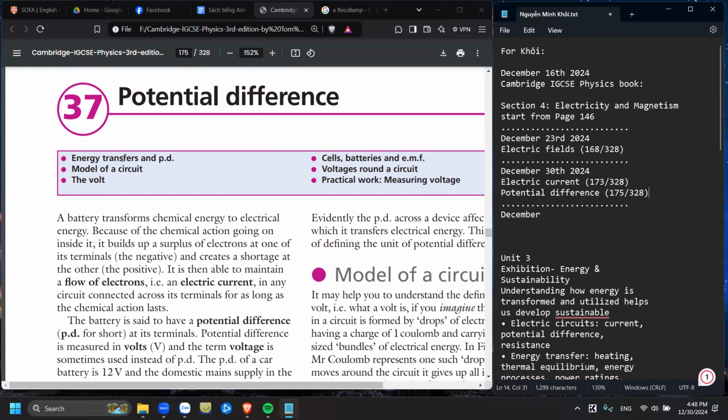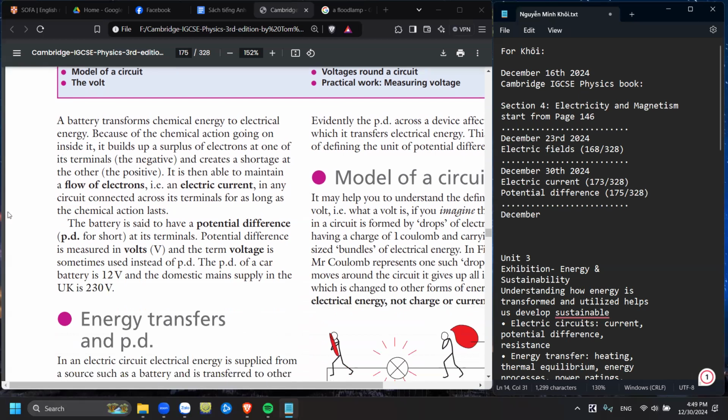We'll talk about energy transfer and potential difference, model of a circuit, the volt, cells, battery, and EMF, electromotive force, voltages around a circuit. So we know what is ampere, like how strong the current is, and we talk about how many electrons, the charge in coulombs, going through the wires, right?